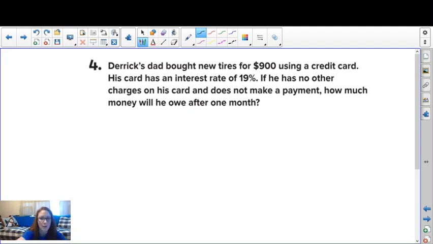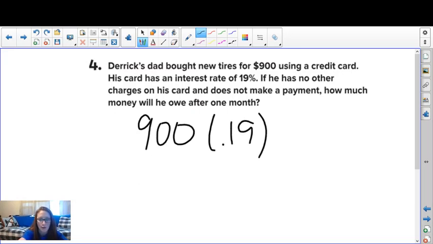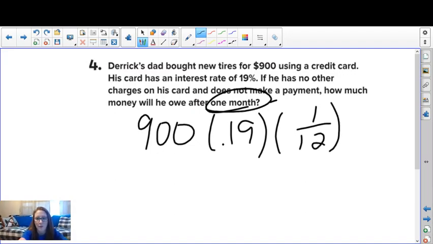So this is the one where you have to watch the way you plug it into your calculator, depending on how your calculator works. If you notice, we're doing 1 month. So that's 1 over 12, because typically we do this in terms of years. When you do that part, you end up with a repeating decimal.